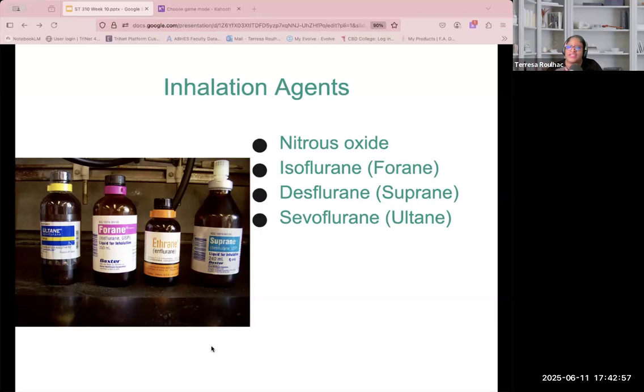There are some disadvantages that we have to talk about. They can cause a decrease in heart function. They do not provide pain relief after surgery, and that requires additional analgesics or additional pain meds.